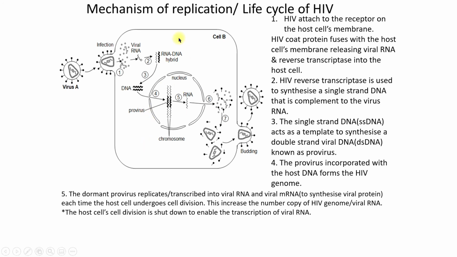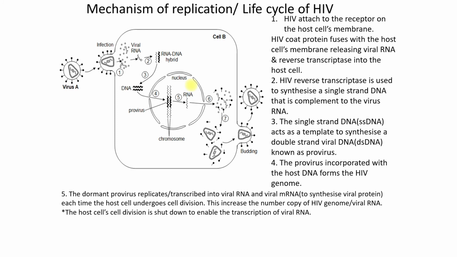So this will increase the number of copies of HIV genome or viral RNA. Now, the host cell, which is the helper T cell here, has its cell division shut down to enable the transcription of viral RNA. If you recall, each time this helper T cell is activated, the helper T cell undergoes proliferation.